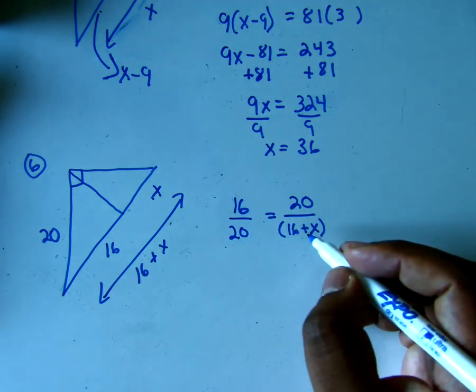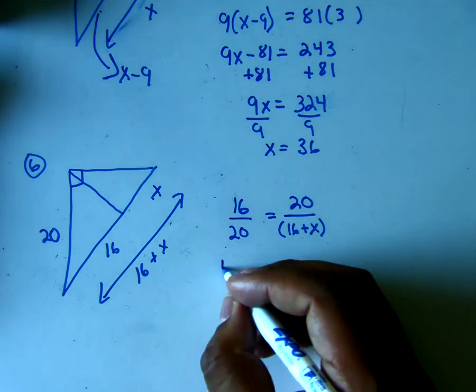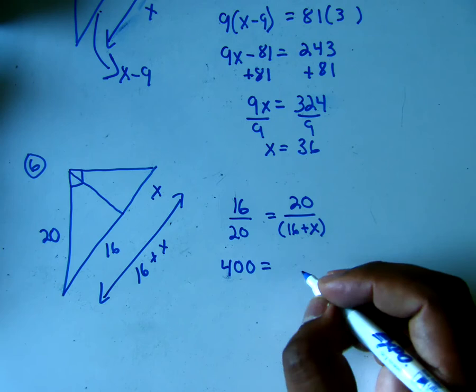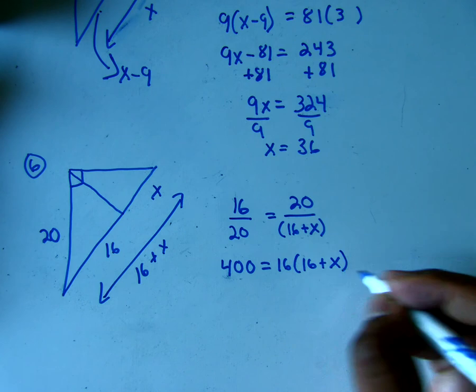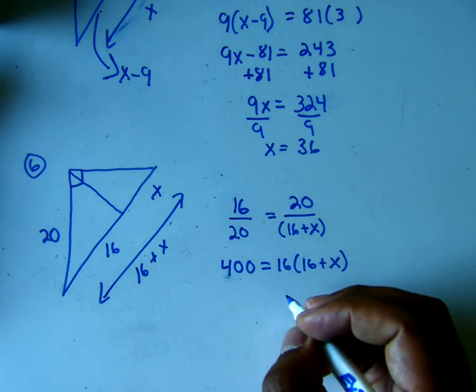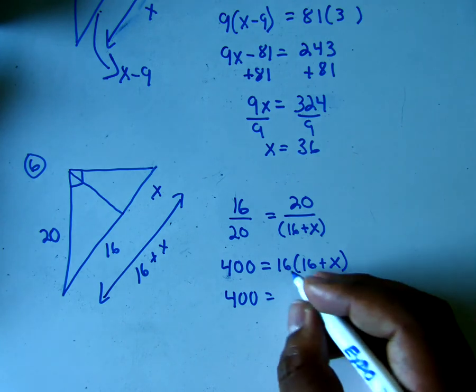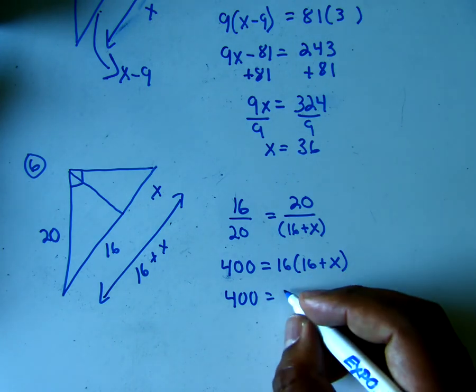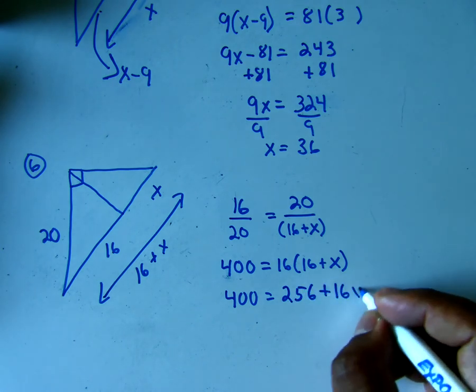Same thing, I'm going to cross multiply. That's going to give me 20 times 20, go ahead and write that, which is 400. It's equal to 16 times 16 plus x. Okay. When I distribute the 16, that's going to be 16 times 16, which is 256, plus 16x.